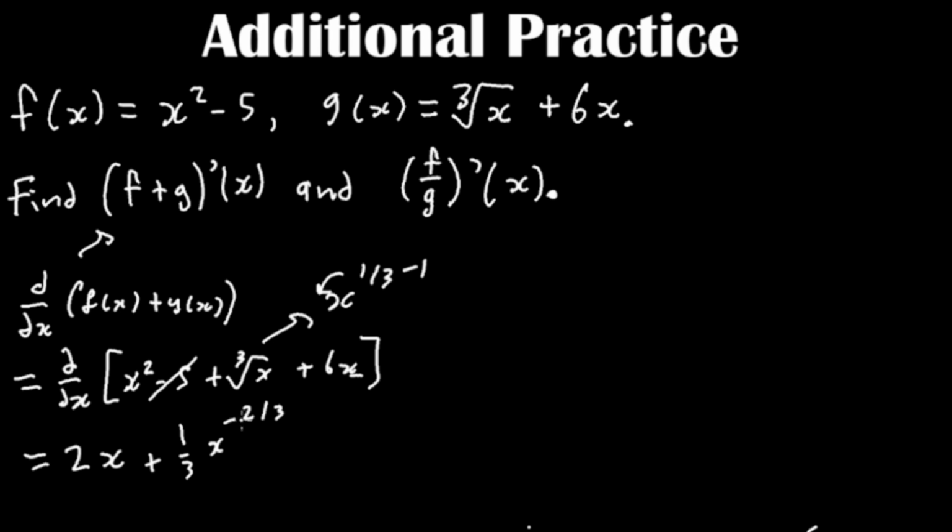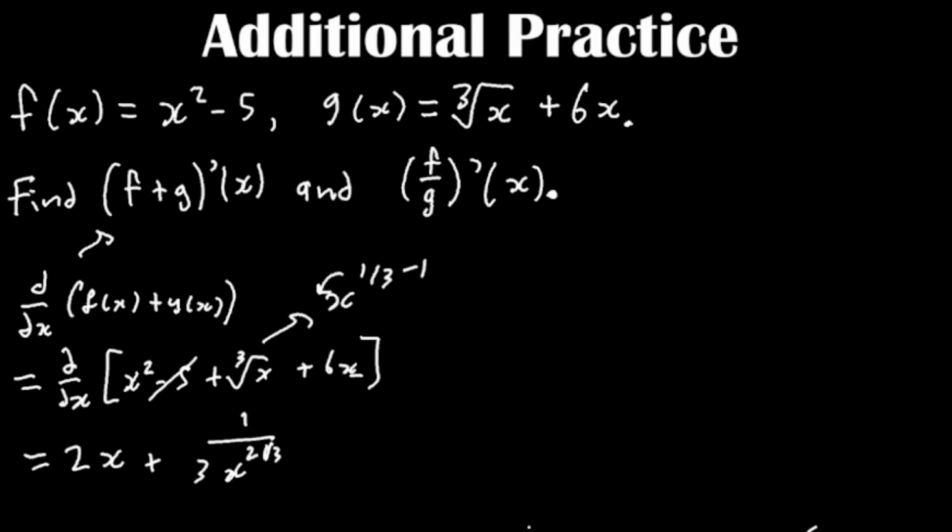Again, I'm going to bring this to the denominator because it's a minus power. So this is 1/3 times 1 over x to the 2/3. And then we can just multiply like this. So that's 1 over 3 x to the 2/3.